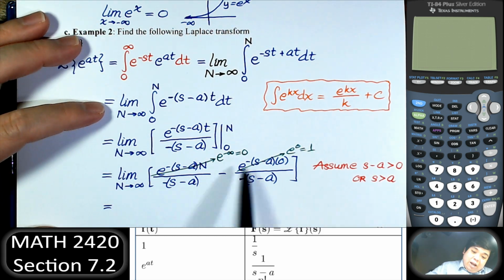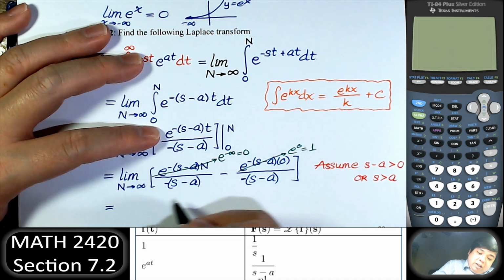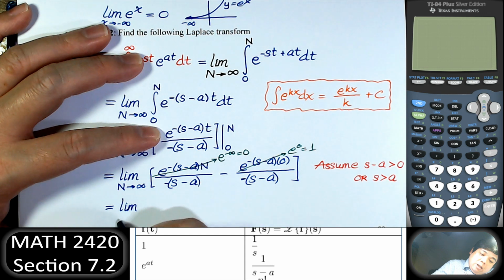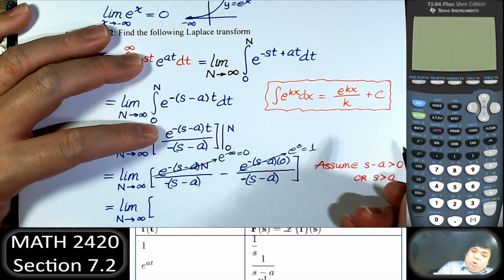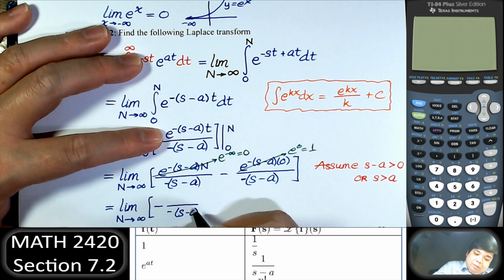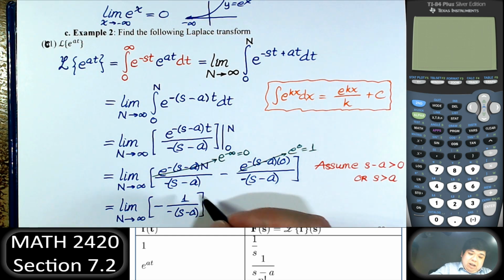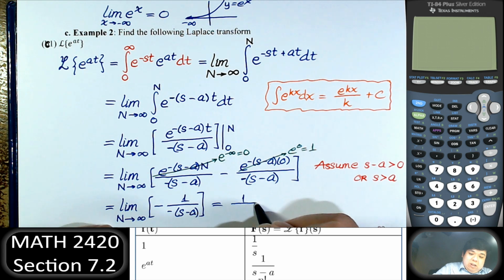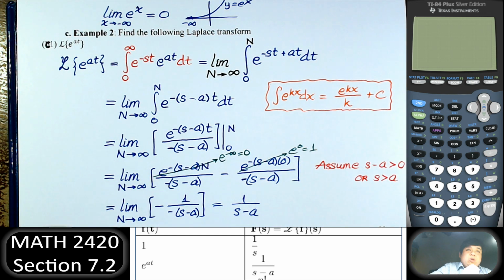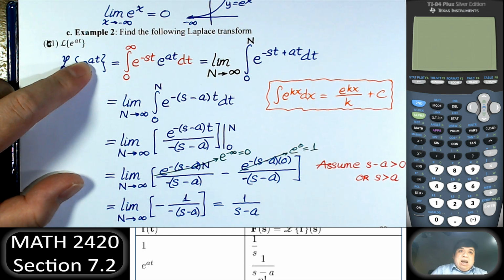That is 0 and that is 1, and 0 divided by anything is 0. The limit as n goes to infinity, there's no n anymore, and negative and negative give us 1 over s minus a. So the Laplace transform of e to the at is 1 over s minus a.